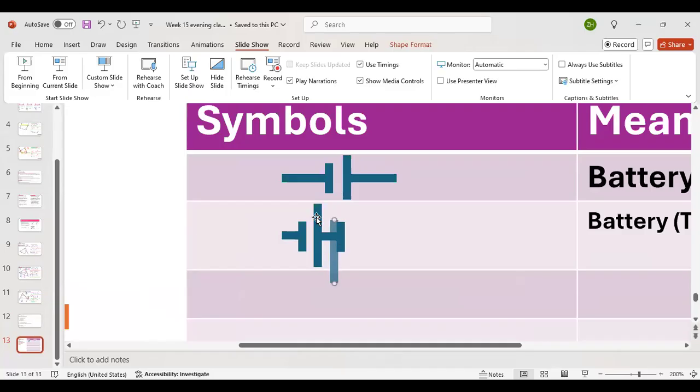And we have this and that and this and that and this and that.